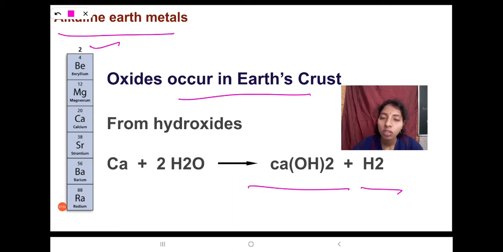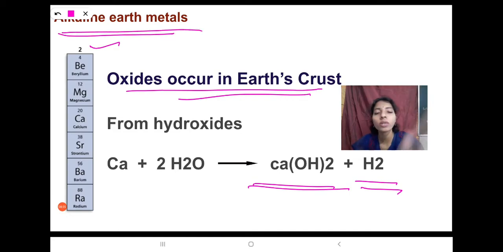Here also, when these elements react with water, they form hydroxides and release hydrogen gas. They also form corresponding oxides, because we can find these elements in the earth crust. So that's why we say that oxides occur in the earth crust. These are also completely metals. So we can call 2A group elements alkaline earth metals, right?